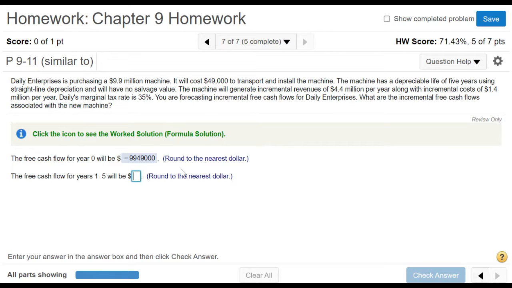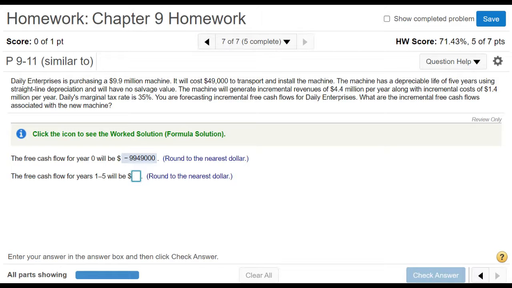The second part is we're going to say parentheses, 4,400,000 minus 1,400,000, minus 9,949,000 divided by 5.